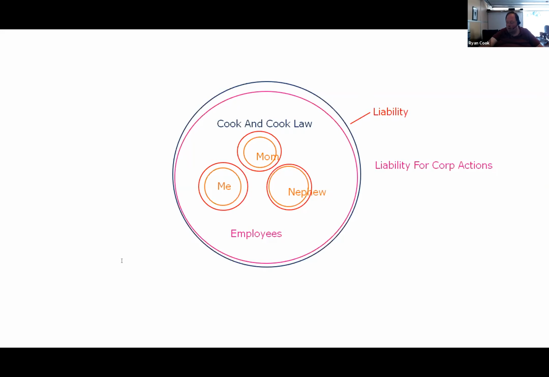Okay, so yes, we are liable for our own individual actions. So malpractice falls just under each of us individually, but the actions of our employees falls under the corporation. In other words, all of us collectively. Does that make sense? Yes. Because we have two types.